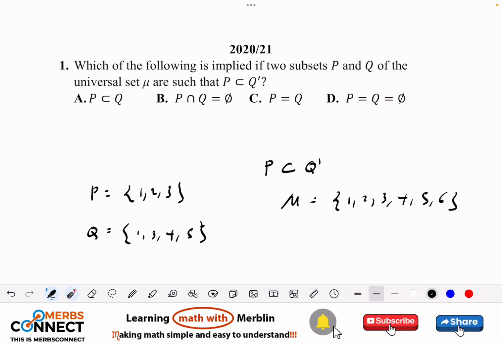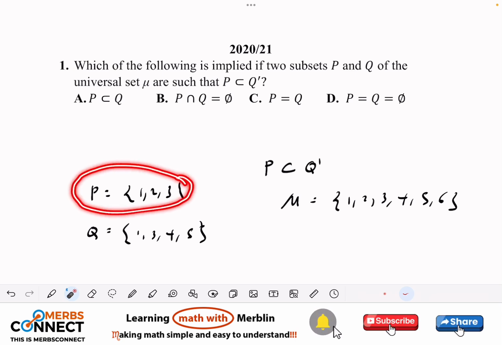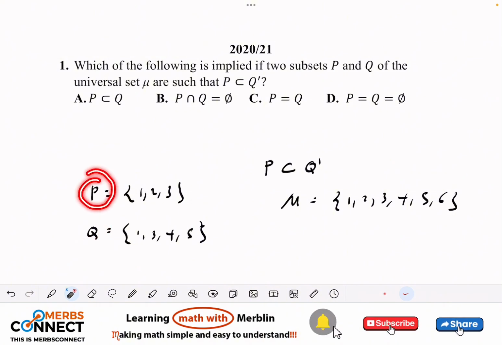We know that P belongs to Q prime, so we need to make sure that all the values in P belong to Q prime. The way I've done it, I have 1 here and 3 here. This is impossible, because when I find Q prime, there is no way P is going to belong to it.